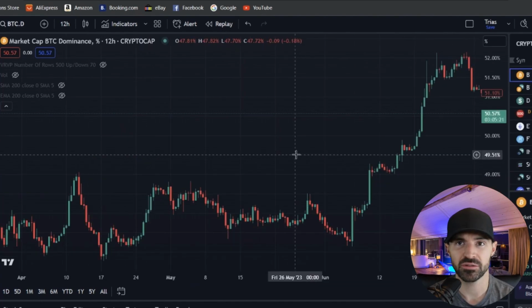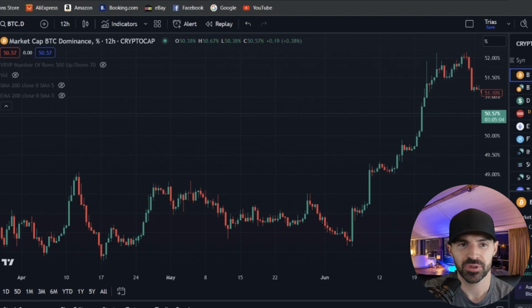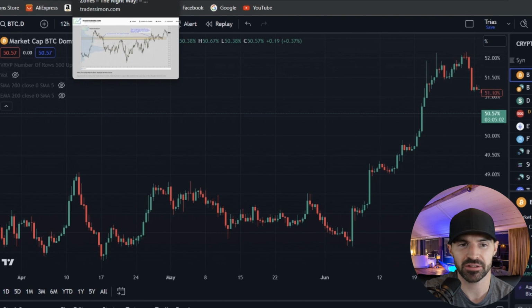Now, the only downside to using this method is you don't catch all trades because you're using the previous candle from the impulse move. It's a very small zone. So what other traders like to use is to draw bigger demand and supply zones.